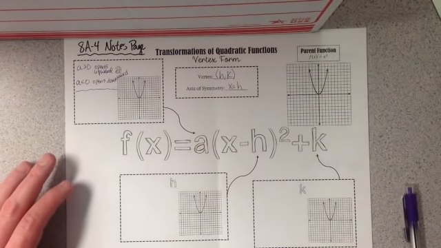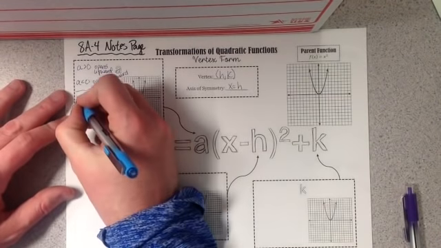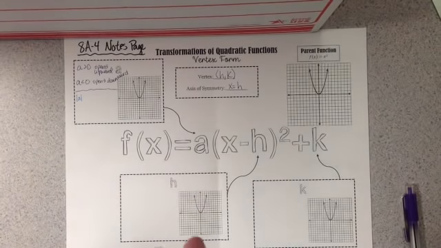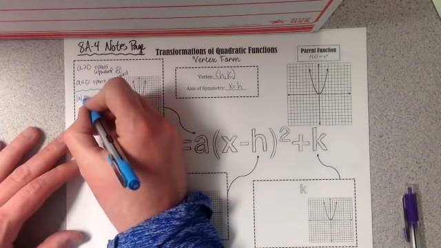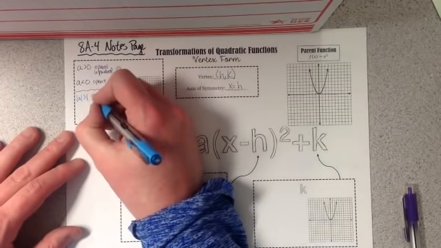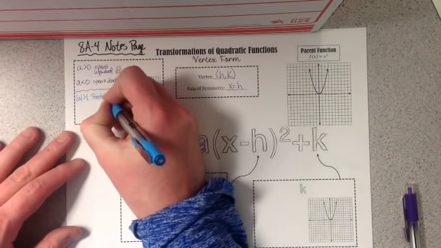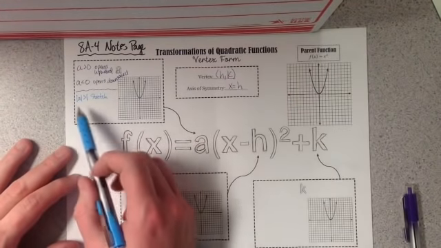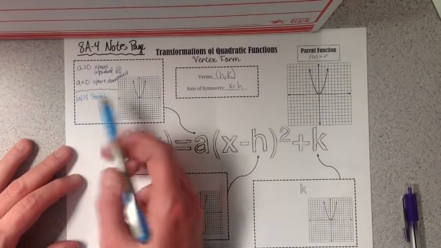Now, along with that, if the absolute value of a, that means we're not looking at the negative or the positive, we're just looking at the number value, if the number is greater than 1, then it is going to be a stretch. You'll remember these probably from when we did linear transformations. If the absolute value of a is greater than 1, it's a stretch.